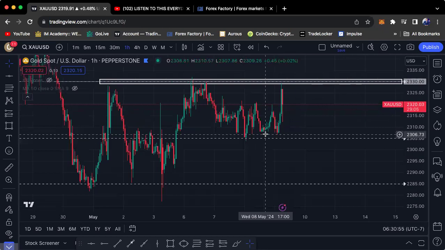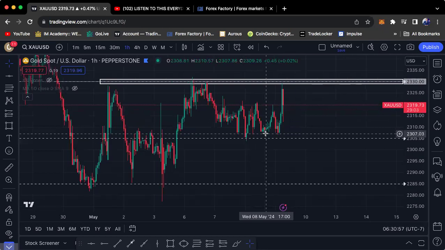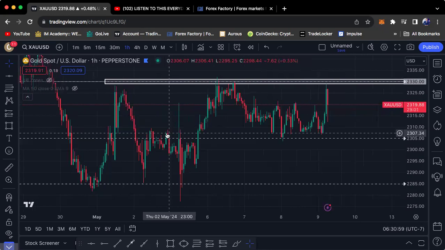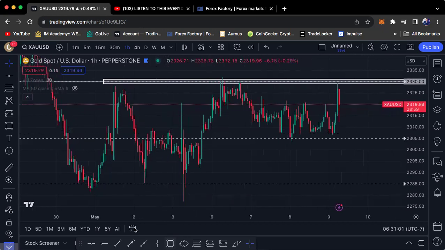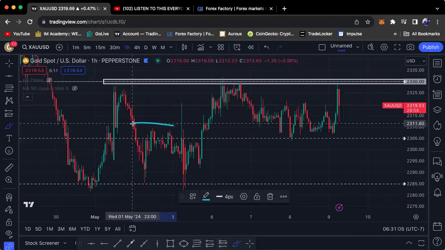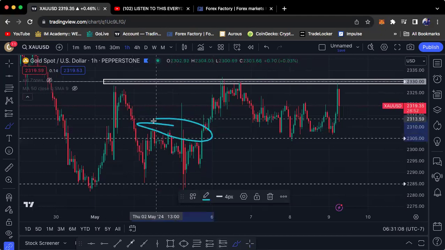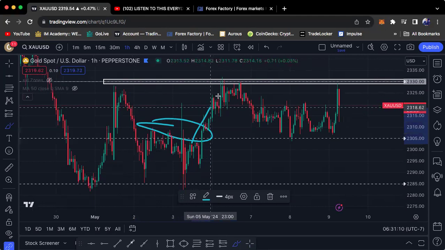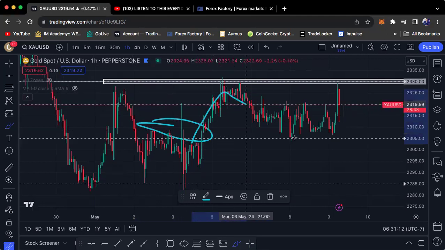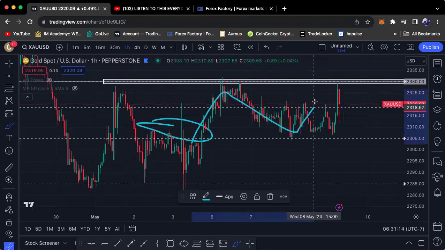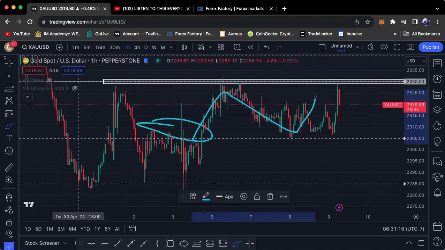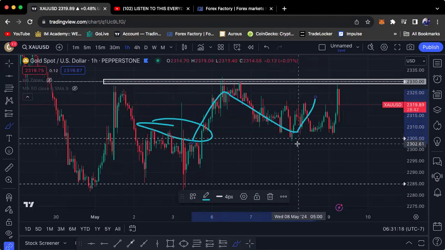Now I'm gonna look for my support right here. Why? Because if you look left, there's resistance here. See, there's resistance here. It's price action going on. All right, price broke above, came back down, boom, and then shot up to retest. Okay, this is the break and retest.